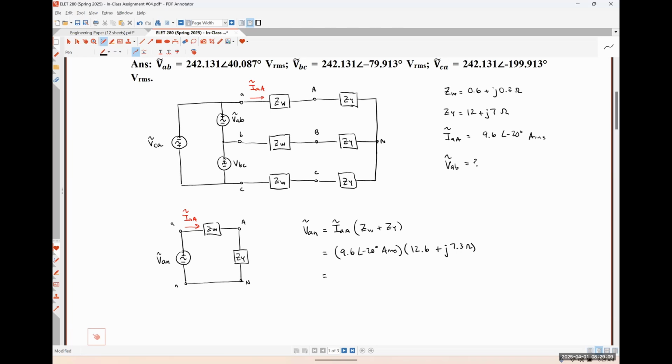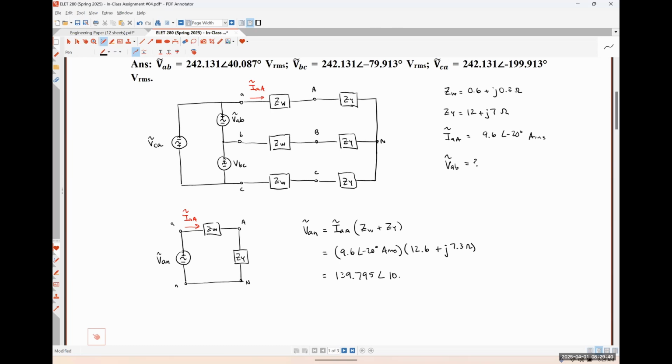And when I throw this into my calculator, I get 139.7945. So let's call that 139.795 with an angle of 10.0865.